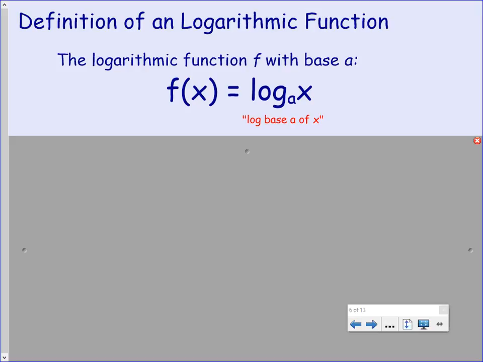Okay, so the logarithmic function f with base a is f of x equals log base a of x. Underneath that equation in the quotes, that's how you say that, right? Log base a of x.